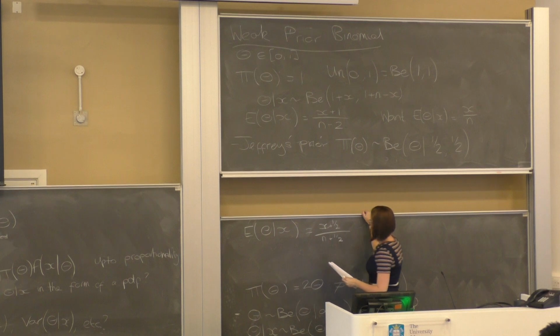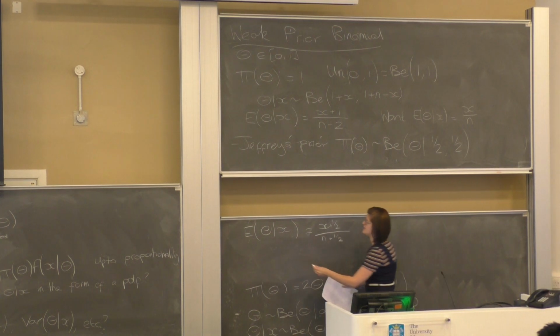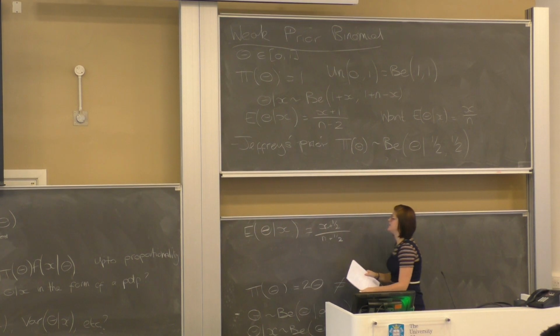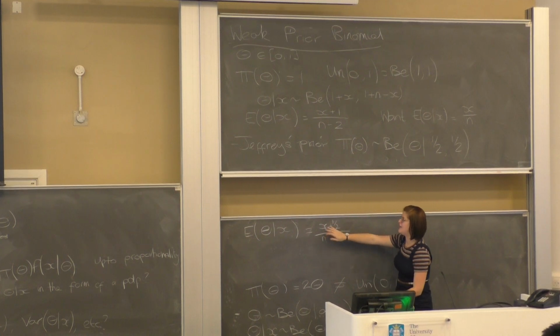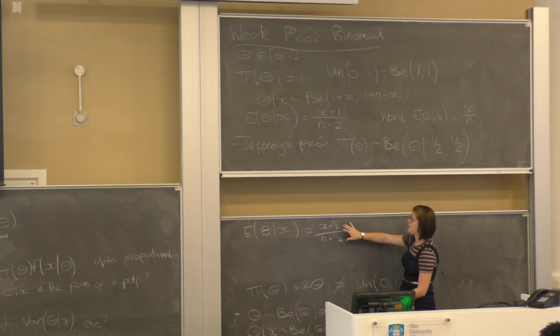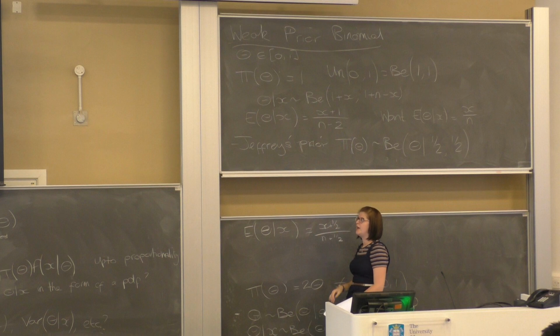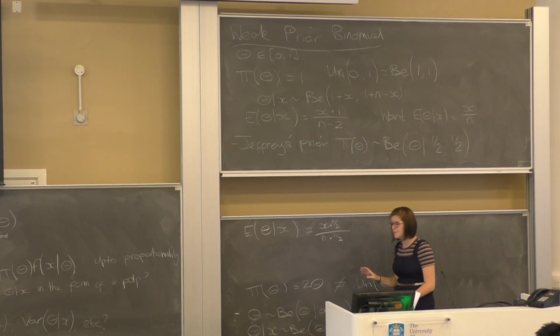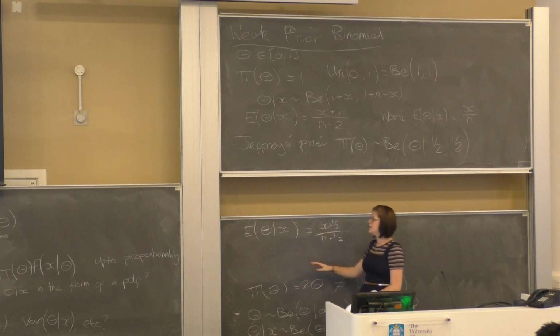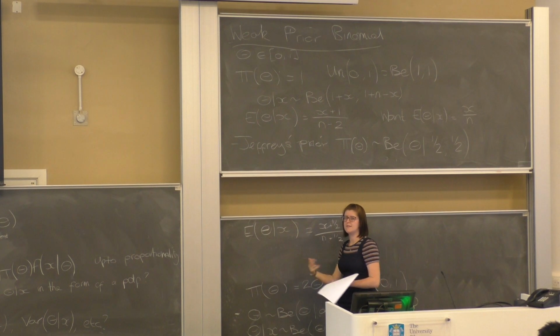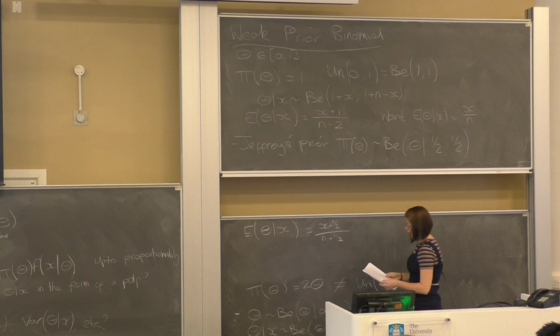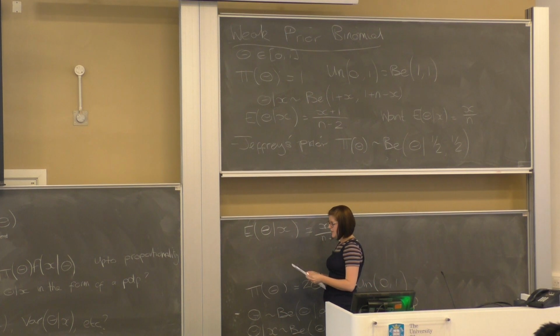We're going to get this posterior expectation that has, instead of just our MLE, which was x over n, these extra values. So it's not ideal in that sense, but it does have that property that if we were to take any transformation of theta, then we would still get the same transformation in our prior, which is a nice property.